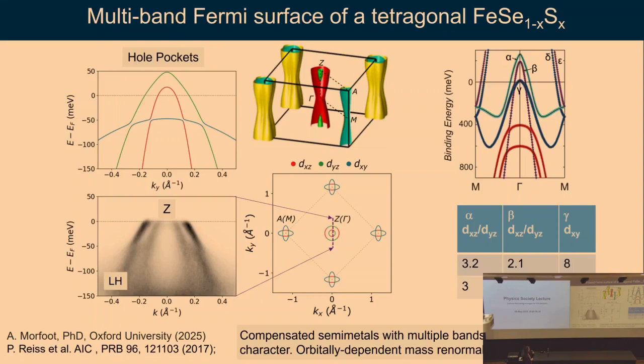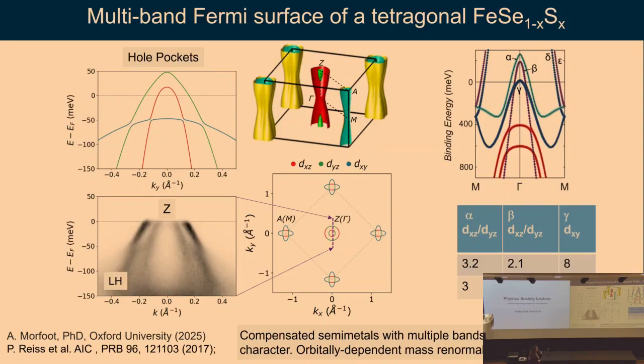And when we compare with the data, we can estimate the degree of renormalization of these bands. What's unusual in these materials is that when you do this comparison, you find that the degree of renormalization is quite different depending on the orbital character of the bands. So it can be 3, 2, or actually 8 or 9 for the dxy band, which is the dark blue, the most renormalized band.